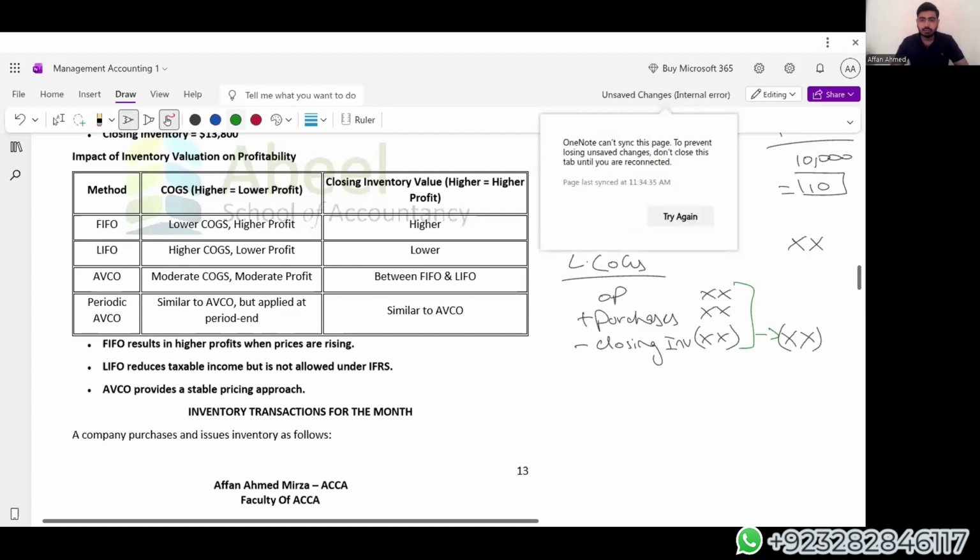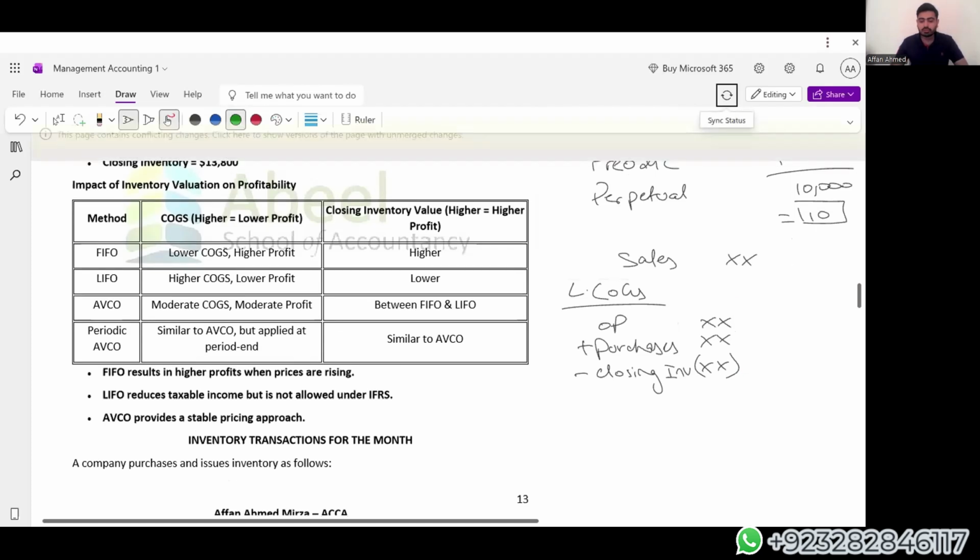If the last inventory is the most expensive, then the goods that are there in the closing inventory are at a higher cost. If closing inventory increases, does our cost of goods sold reduce? It does. Our cost of goods sold reduces.